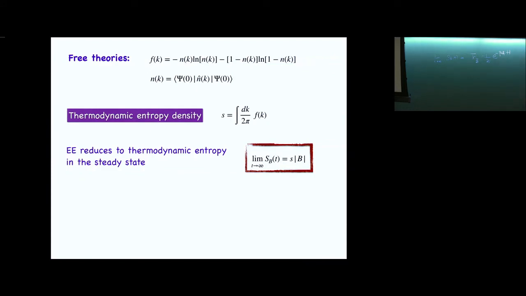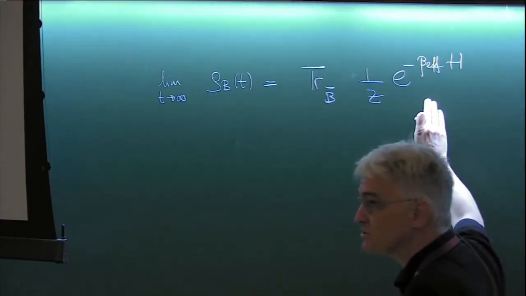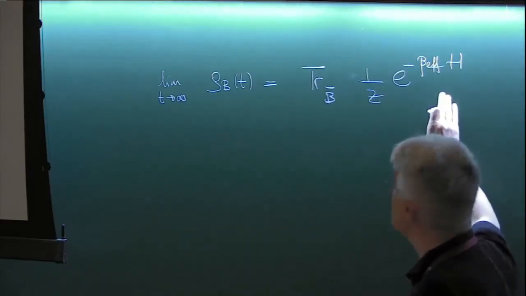That's basically subsystem thermalization. It tells me that the reduced density matrix of the subsystem at infinite times after the quench becomes thermal. So it becomes the reduced density matrix of a Gibbs ensemble.